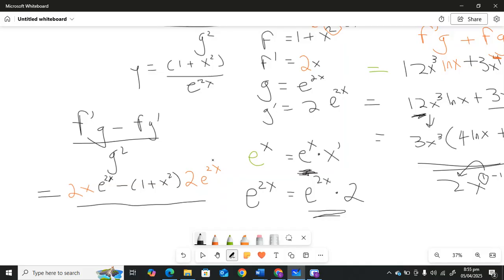So g is e to the power 2x, so it's e to the power 2x squared.